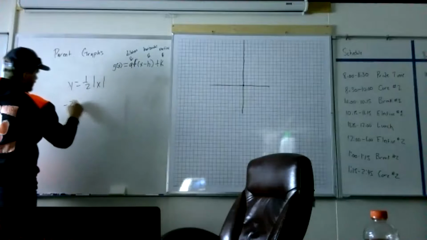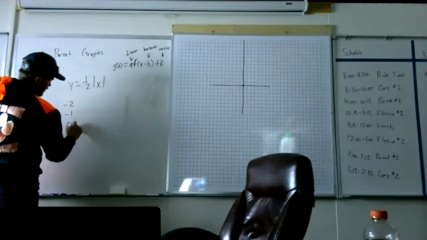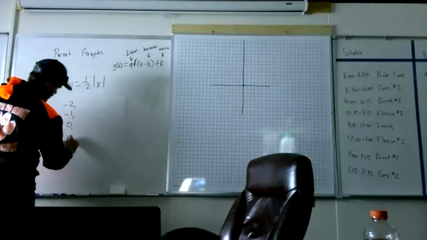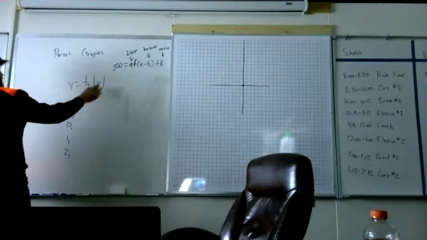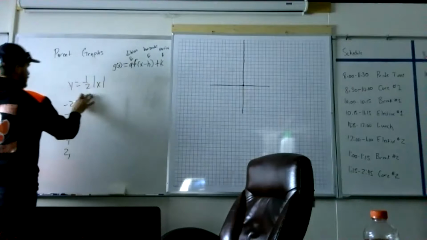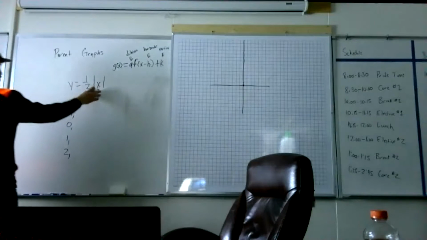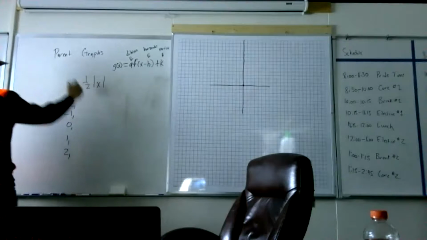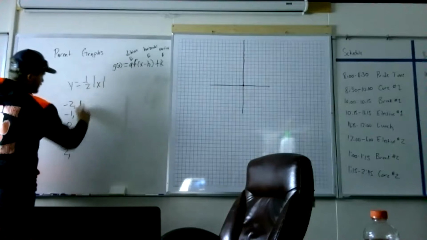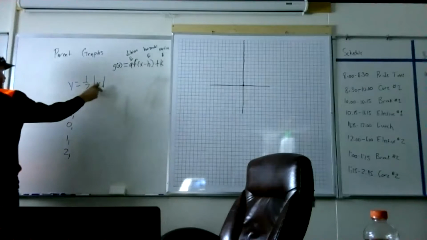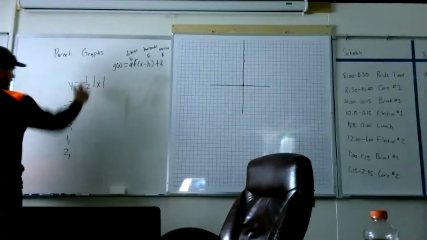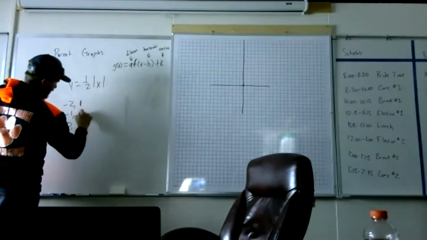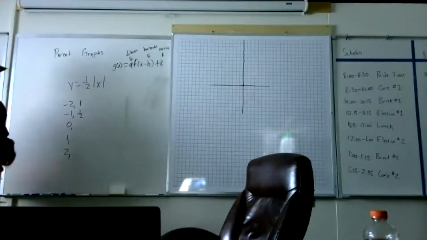So if I use the points -2, -1, 0, 1, and 2 for my x values, if I plug in -2, I have to take the absolute value first. So the absolute value of -2 is 2, times 1/2 gives you 1. For -1, the absolute value of -1 is 1, times 1/2 is 1/2 or 0.5, however you want to express it.